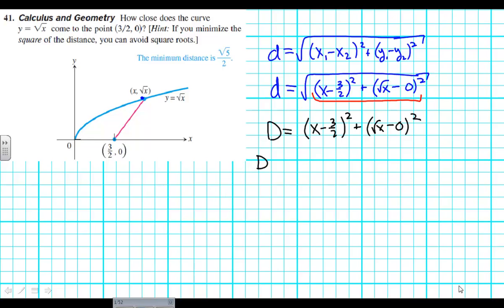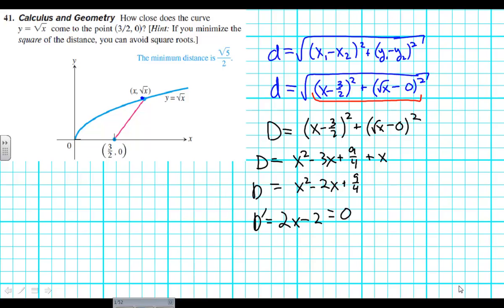The derivative of, well, actually, let's do a little bit of cleanup. x squared minus 3x plus 9/4 plus x. I expanded. So x squared minus 2x plus 9/4 is big D. D prime is going to be 2x minus 2.